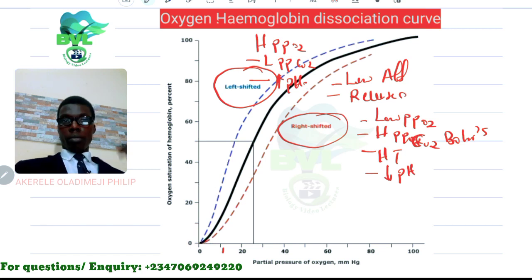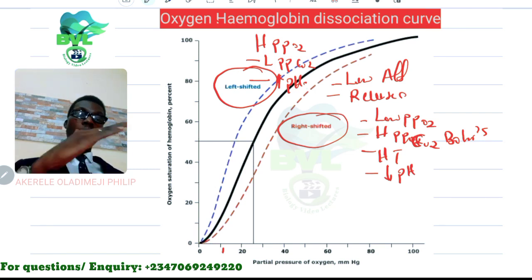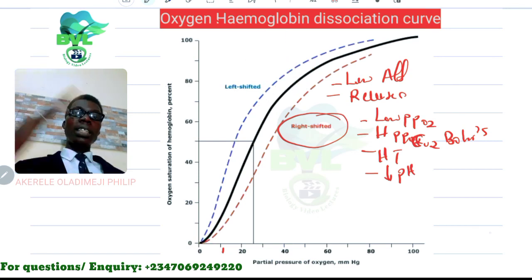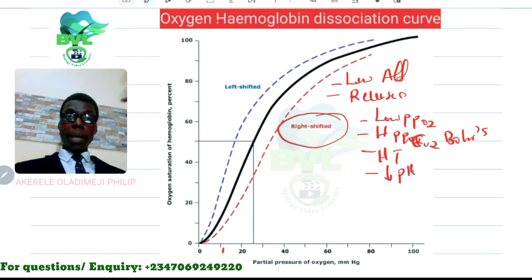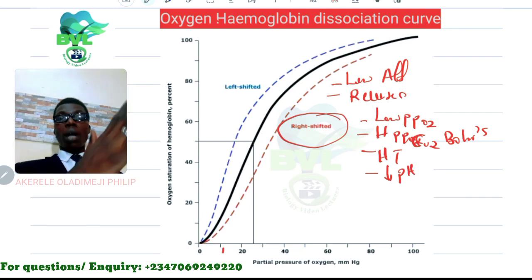When you have more hydroxide ion, so to say, and less hydrogen ion, that is going to lead to high alkalinity. That will cause your oxygen hemoglobin dissociation curve to shift to the left. This is very important. You'll be asked to state what left shift means. It means that hemoglobin is having higher affinity for oxygen, so it's binding to it. Then you need to remember the facts I just stated that will make that happen readily.